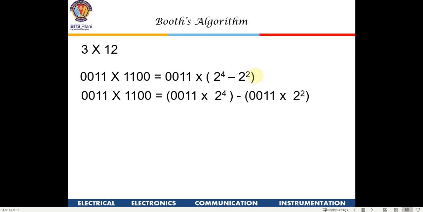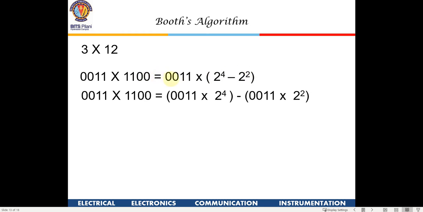And we know the logic also, why we did that, right? Suppose an example, which I explained in the class last semester. If we have to multiply 3 into 12, this is 12, 1 1 0 0, which can be represented as 2 to the power of 4 minus 2 to the power of 2.